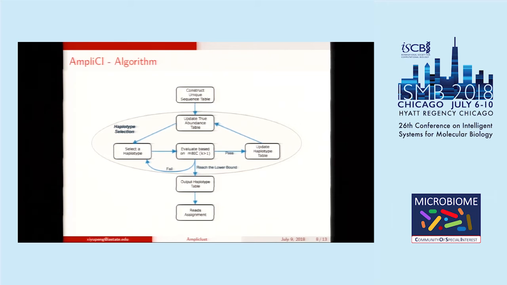In the beginning, we construct our unique sequence table from the highest to the lowest abundance, and then we select haplotypes step by step based on the relative true abundance we calculated before. We also evaluate each newly selected haplotype based on our modified BIC.